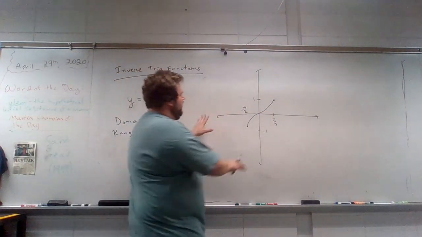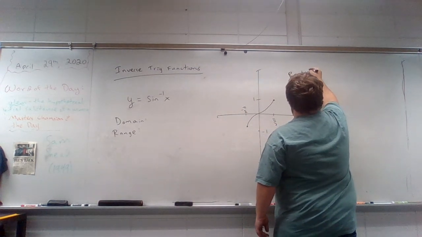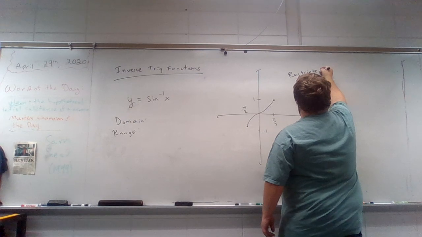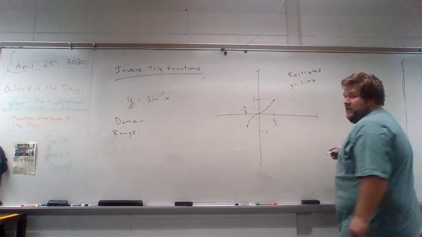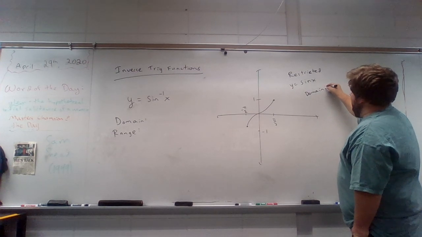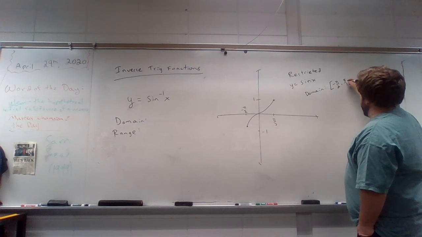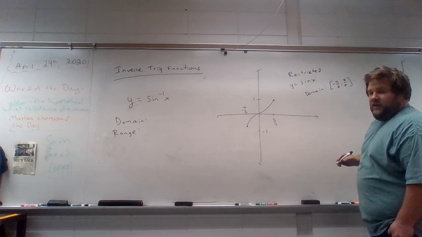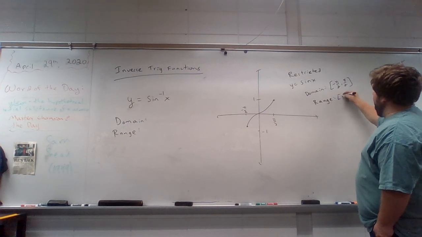And I said all the other parts of the sine, we're getting rid of this. So this was like the restricted sine. Restricted y equals sine x. And I restricted it in such a way that the domain now, for that restricted version, was negative pi over 2 to pi over 2. And the range was like negative 1 to 1.